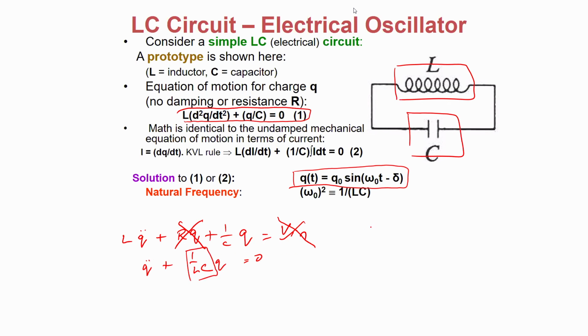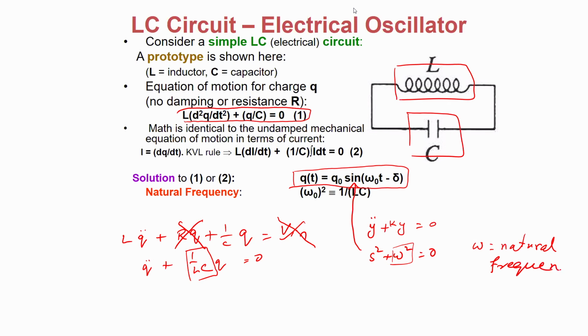If you notice this one, like Y double dot plus KY is equal to 0. When we talk about Laplace, we saw that when s square plus omega square is equal to 0, then omega is the natural frequency.